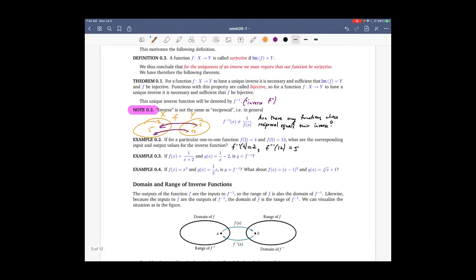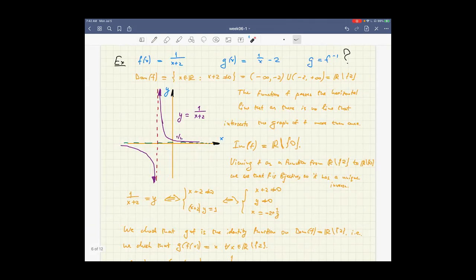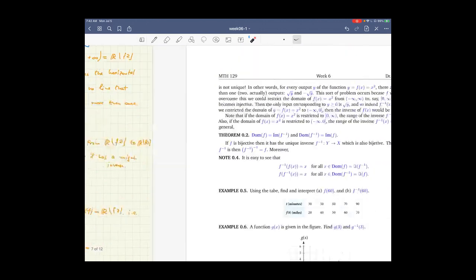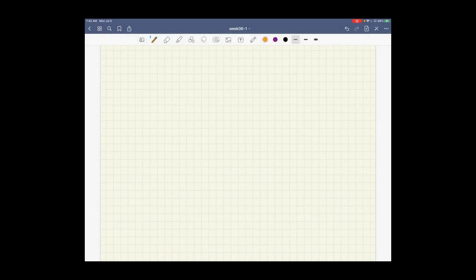How about the other example here? x cubed and 1/3 x. Well, the function x cubed is bijective.